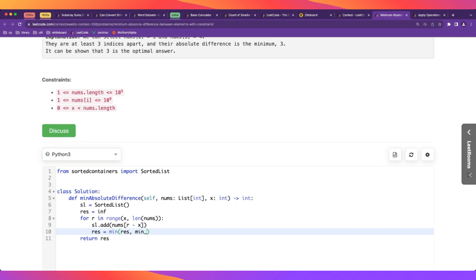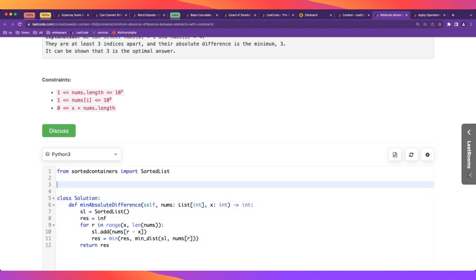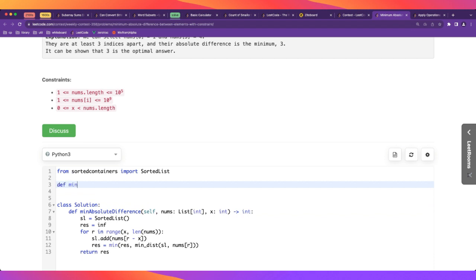And here, I like to decompose the problem. So let's write a function that is going to give us the minimum distance of this value to any of the values in the set. And let's see how we can implement that.